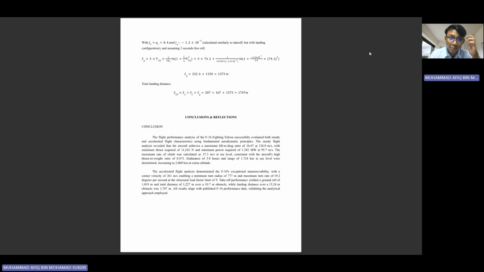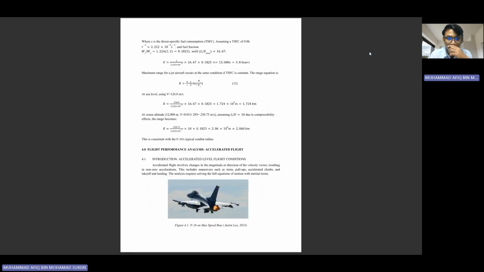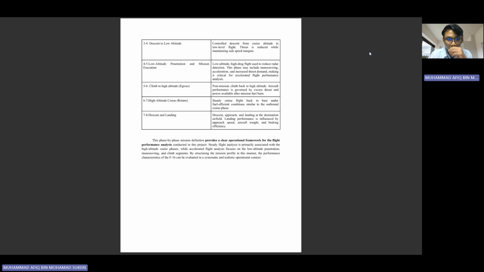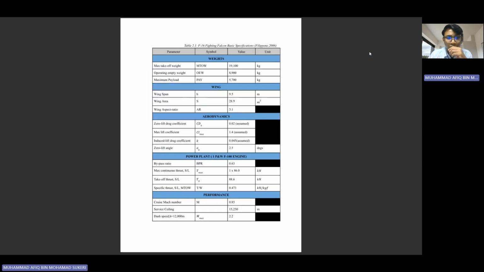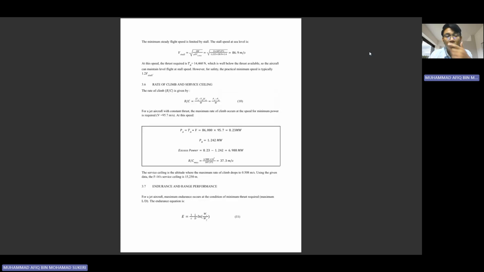And from the study as well, we can see that the F-16 has a quite good thrust to weight ratio, so it results in a very good rate of climb, which is around 7.3.